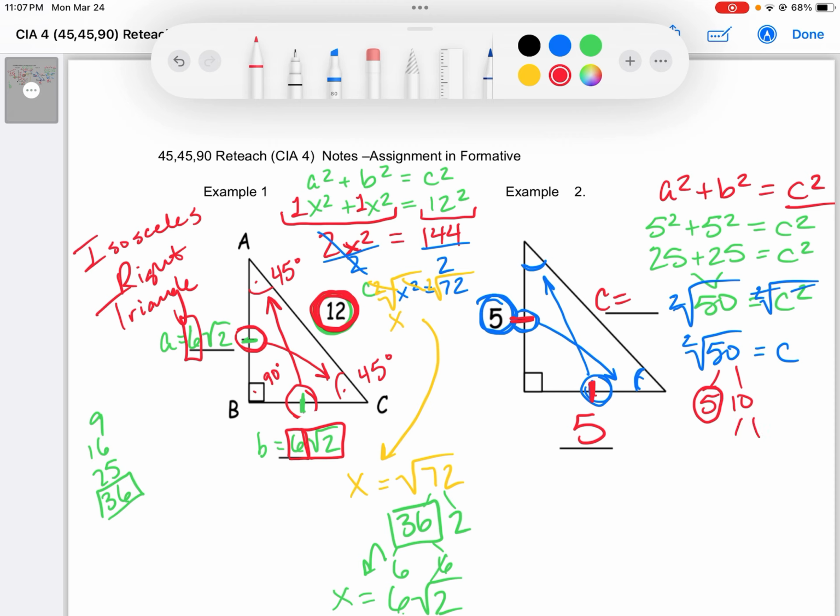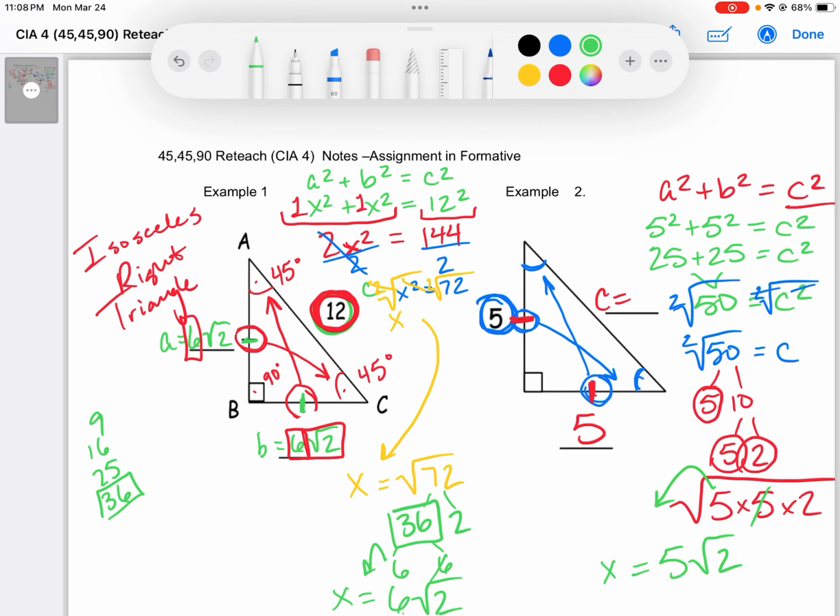It can't be reduced anymore because it's prime. 10 can be split into 5 times 2, and both of those are now as simple as they're going to get. So when I get to this point, I have 5 times 5 times 2. And when two of them match, I can cross one out and kick one out. So x equals 5 square root of 2. This hypotenuse that I'm outlining in green right now is 5 square root of 2.